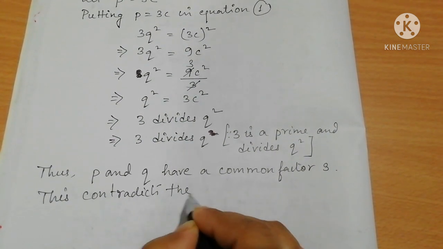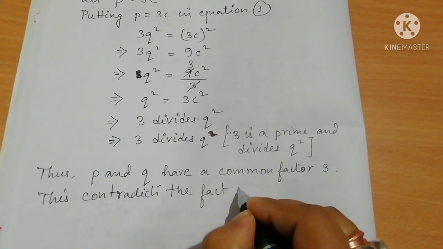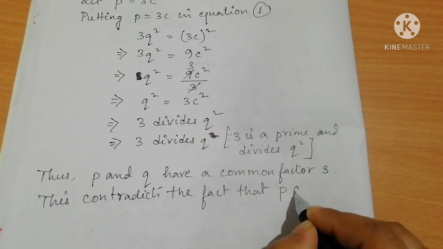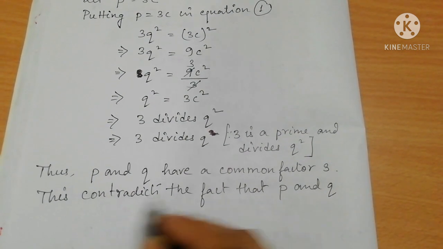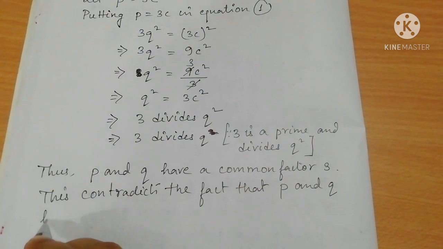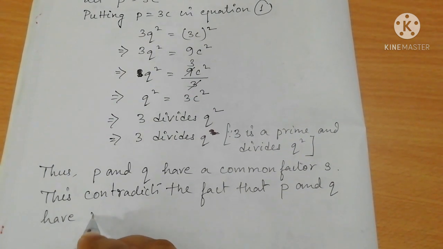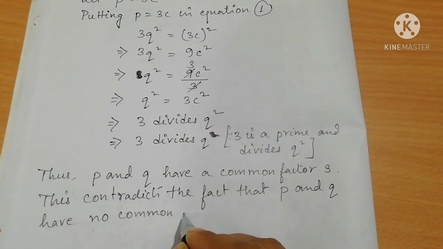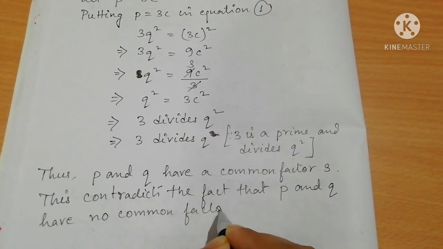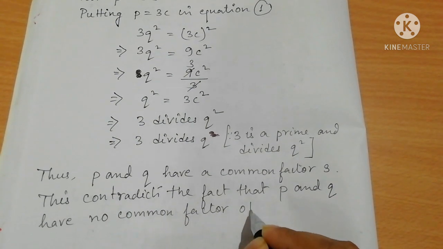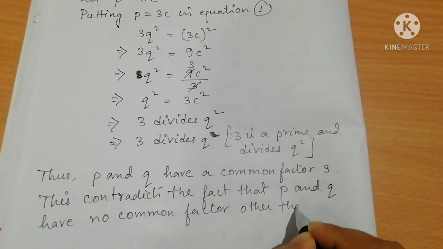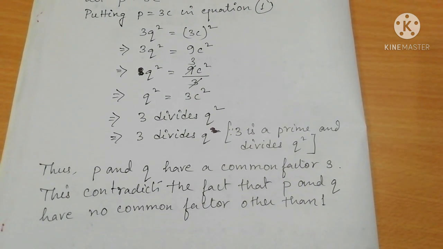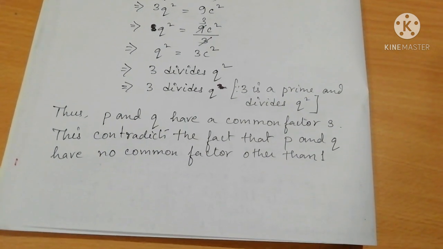So this contradicts the fact. What is the fact? The fact that P and Q have no common factor other than 1. So P and Q should not have any other factor other than 1.